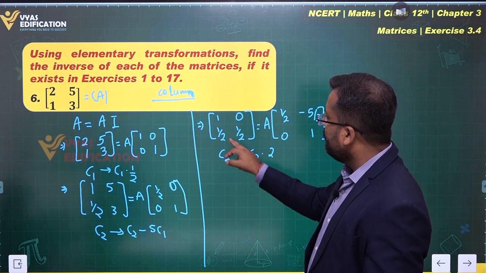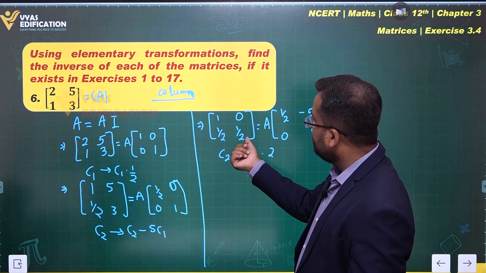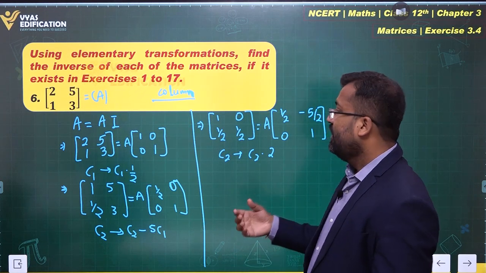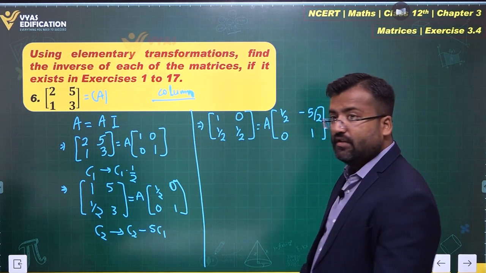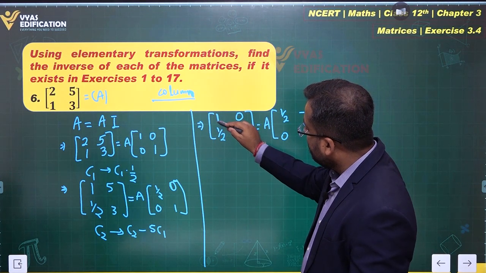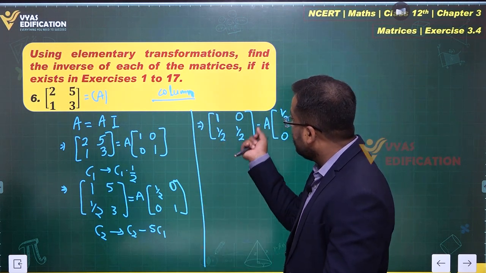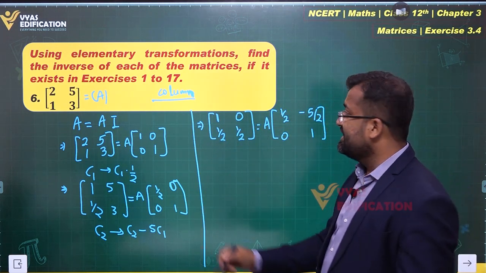Since this is already a 0, why not convert a 0 over here first? As you can clearly observe, this minus this would be a 0. We can do that as well. There's no mischief, but after this 1 and this 0, we should convert this into a 1, but we can also convert this into a 0. As you can observe, subtracting is making life very easy for us.